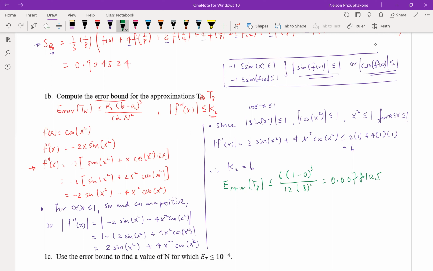So therefore, this is the maximum error bound for the T sub 8.